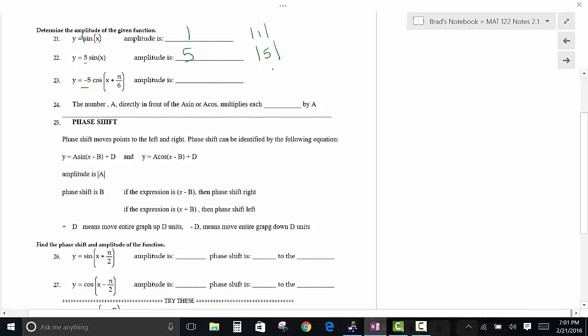And then the next one, it would be the absolute value of negative 5, so again that's 5. That would be the amplitude, and that's how everything gets affected. The max and mins change as a result. So the number a that's directly in front of a sine or a cosine multiplies each y value by a.